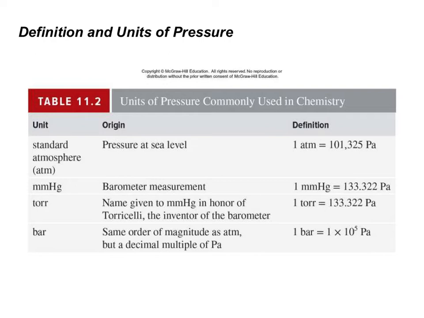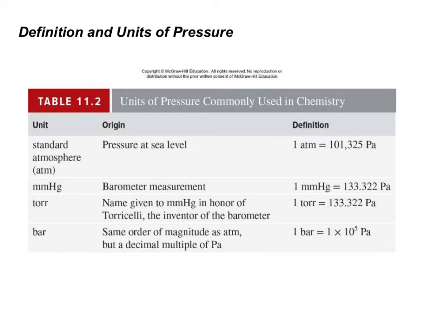A torr, which was a name given to millimeters of mercury in honor of Torricelli, the inventor of the barometer, has the same value. And finally, the bar, which has the same order of magnitude as atmospheres, but is a decimal multiple of pascals, i.e. 1 bar is 1 times 10 to the 5 pascals. Pretty much it just rounds up the atmosphere instead of having to use 101,325. Just call it 100,000.